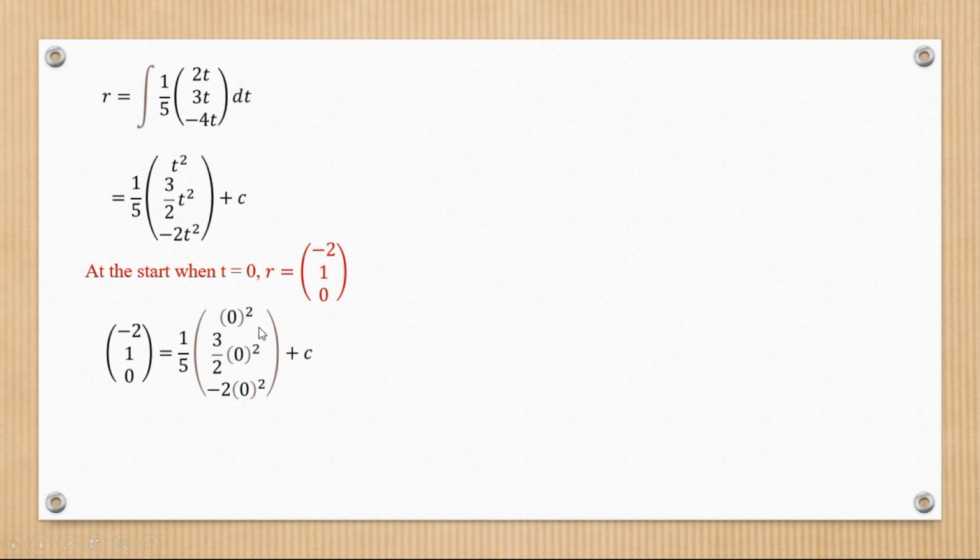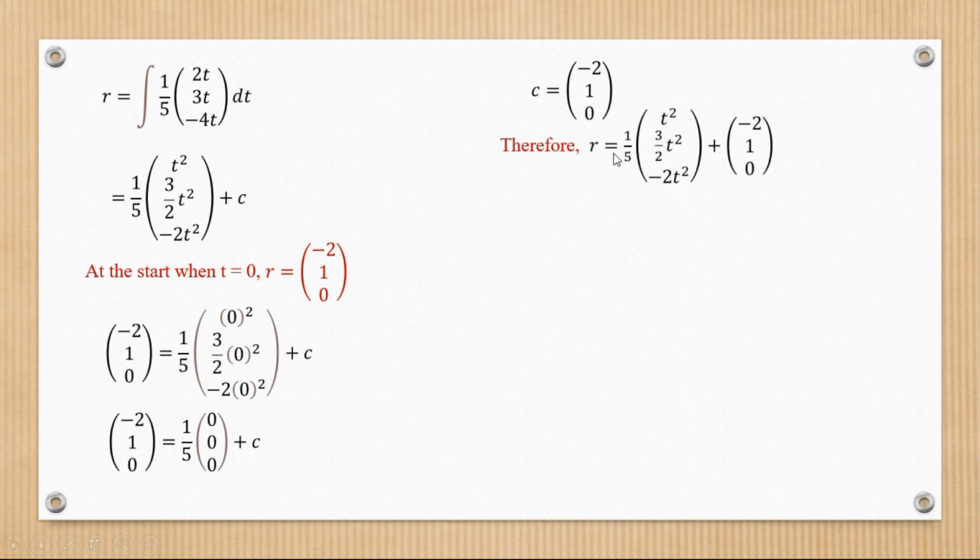So wherever we have a t, we're just going to place a 0, and then this is what I'll have right now. So this times this gives me a 0, and then I have c as being equal to negative 2, 1 and 0. So now therefore r shall be equal to 1 over 5 into t squared, 3 over 2 t squared, negative 2t squared, plus this value of c that we've actually found right there. Alright, so when I add these two brackets, I'll have it this way.